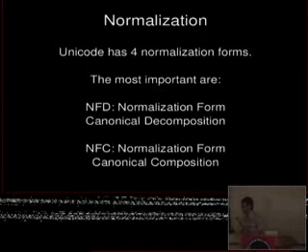So the reason we have these normalization forms is because I mentioned how you can have combining code points. Say you had your precomposed code point for A with diaresis. You could also have A followed by combining diaresis, and we would want to consider those to be the same thing.